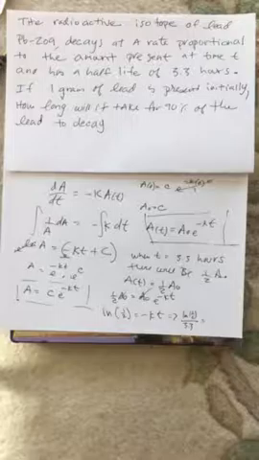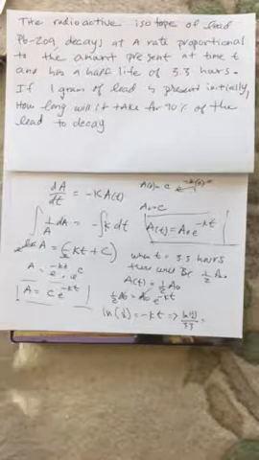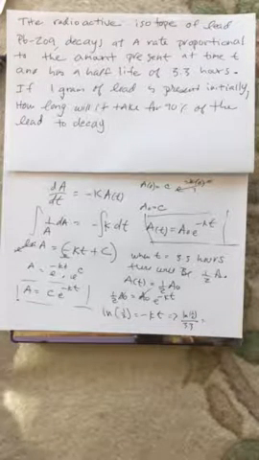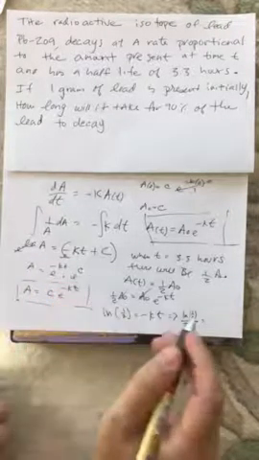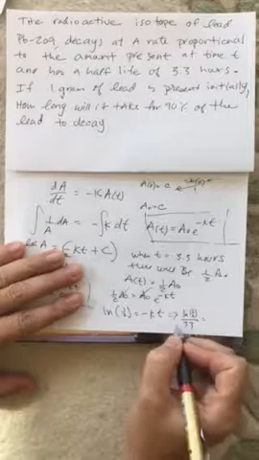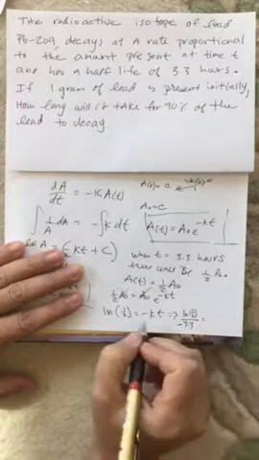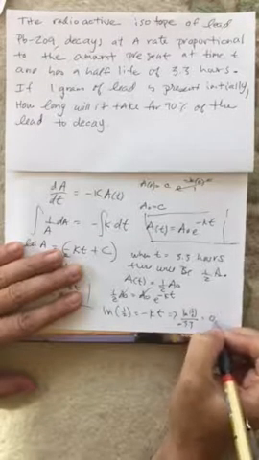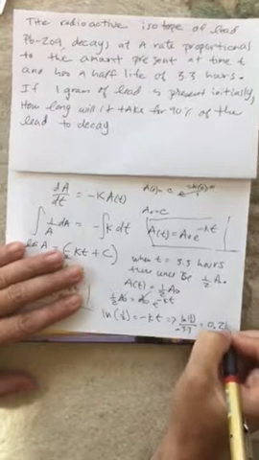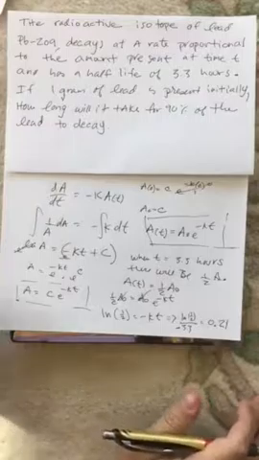Natural log 0.5 divided by 3.3 equals, this is negative actually. I need to put the negative down there to make this positive. 0.21.